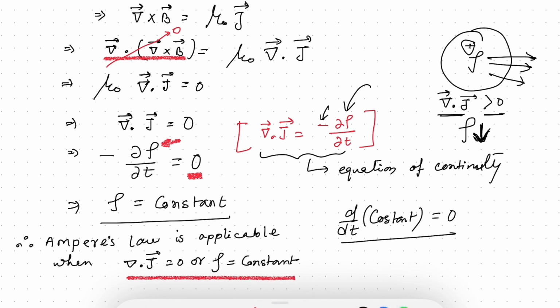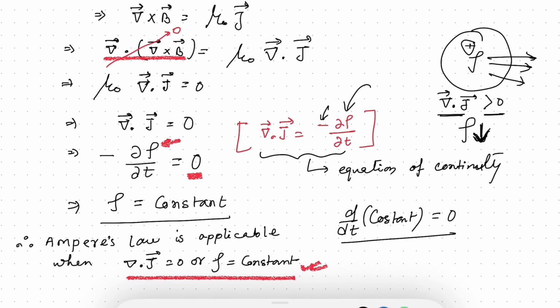So that's why Maxwell modified this equation, because the law given by Ampere was applicable in case of steady current only. That means in case when rho is constant, right?